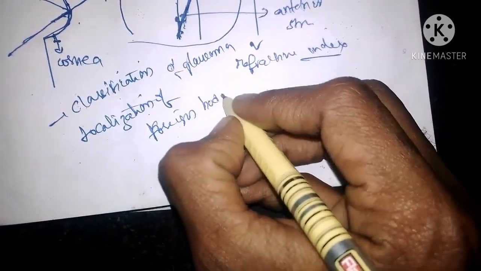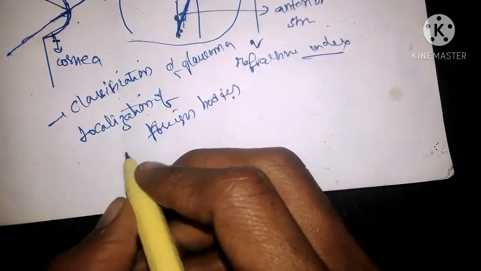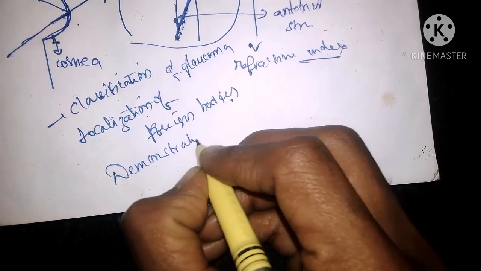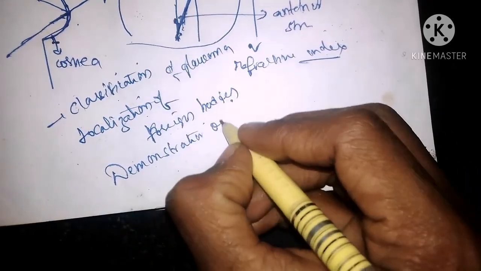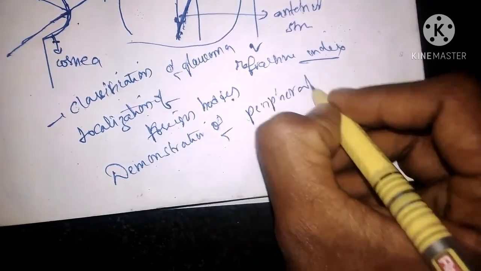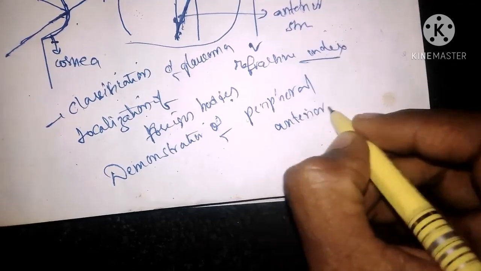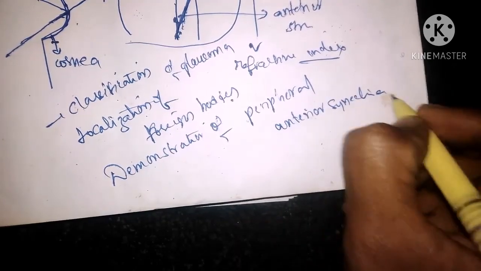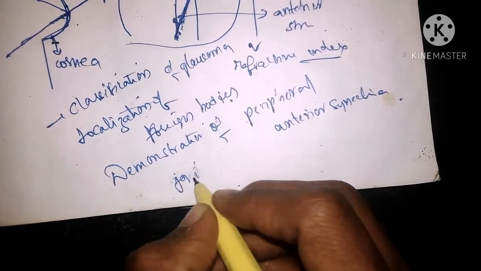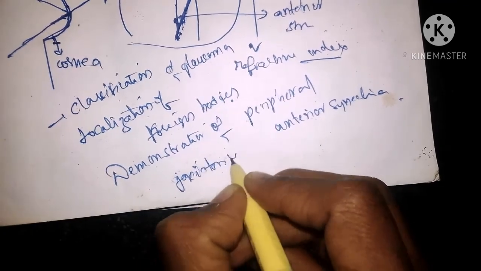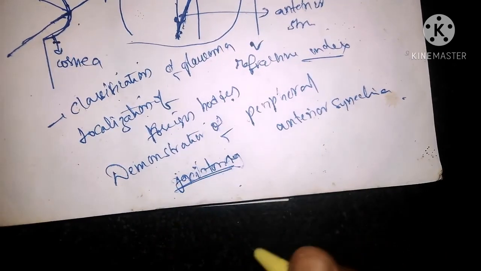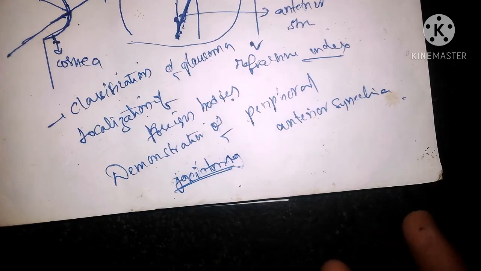Demonstration of peripheral anterior synechiae. It can also be useful in goniotomy. As all of us know, goniotomy is a surgical procedure in which we use gonioscopy. Clear? In goniotomy also we can use this gonioscopy.